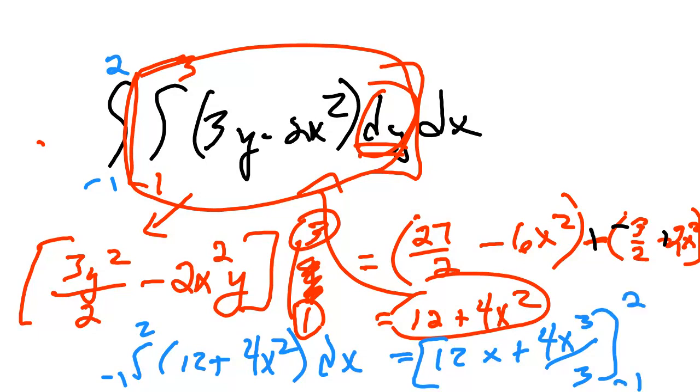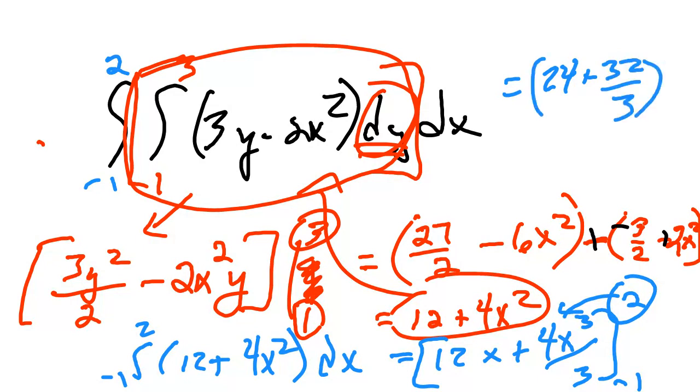Plugging those in, what do I get? So plug the 2 in. I'm going to do that up here. That's going to equal 12 times 2 is 24, plus 2 cubed is 8, times 4, 8 times 4, 32 thirds.